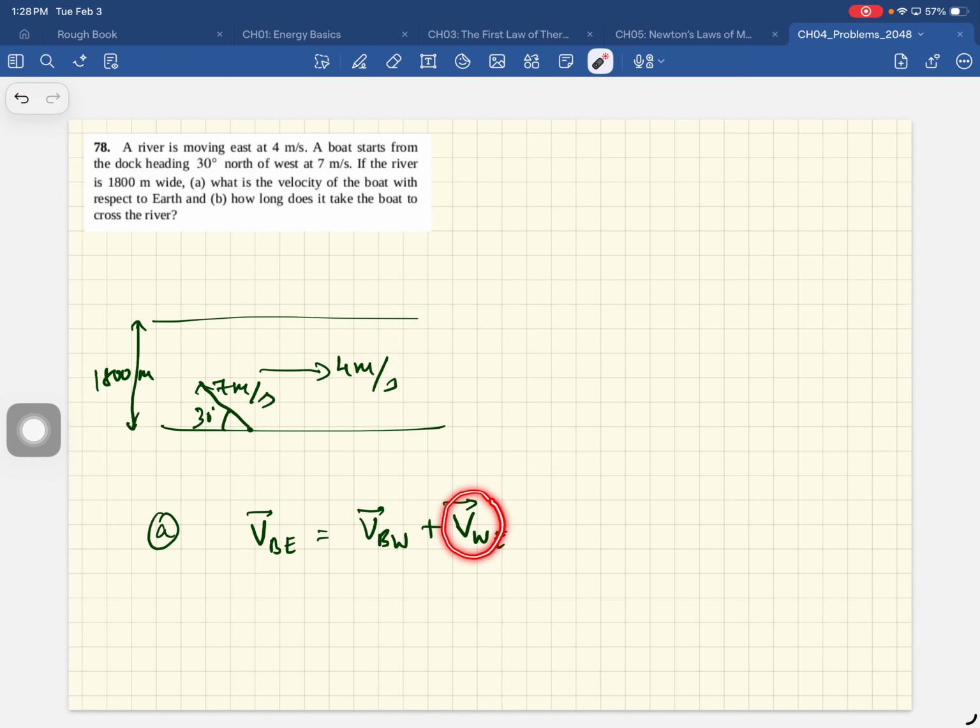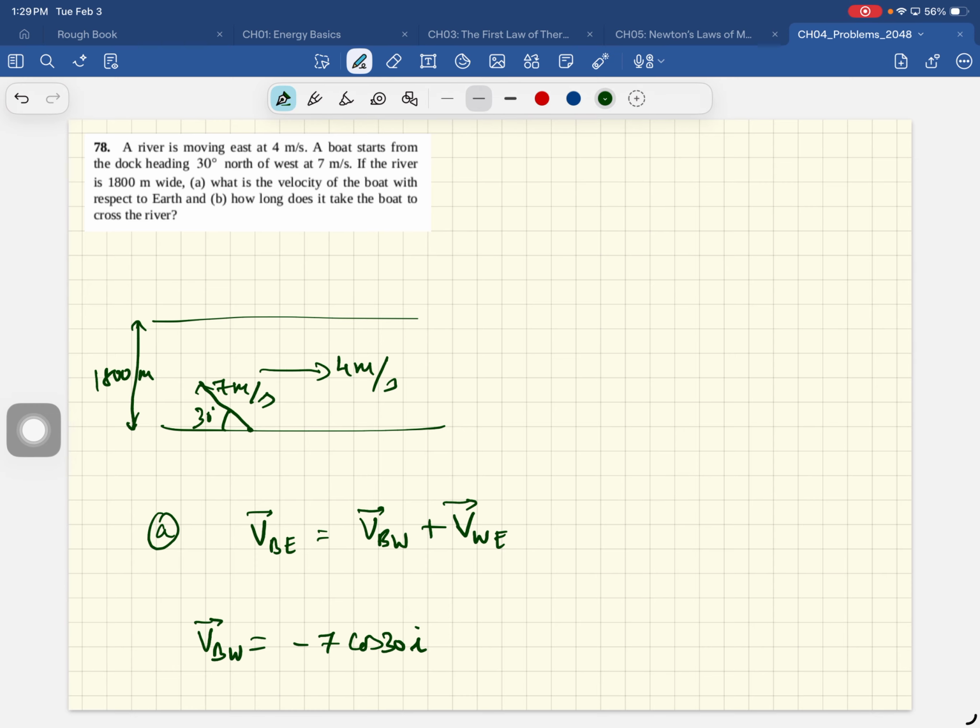y minus y naught equals v naught y t plus 1/2 a y t squared. You don't have any acceleration. So this is 1800 meters, and v naught y equals 3.5, times t.